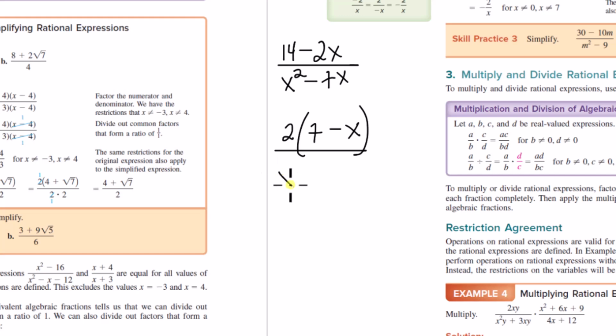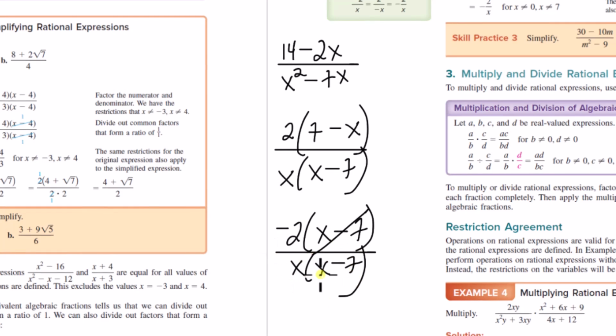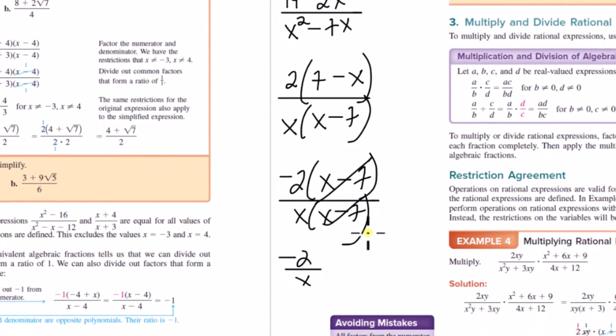Then we've got an x we can take out in the denominator, and then x minus 7. But you see, we can take out a minus here, and we're going to get x minus 7. So we get minus 2 over x, but remember x can't be 0 and x can't be 7.